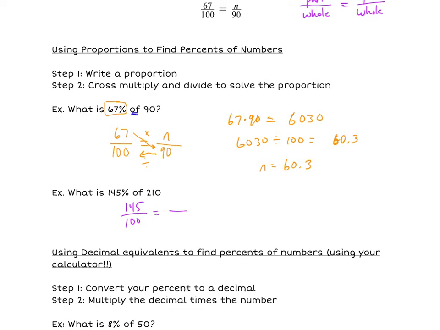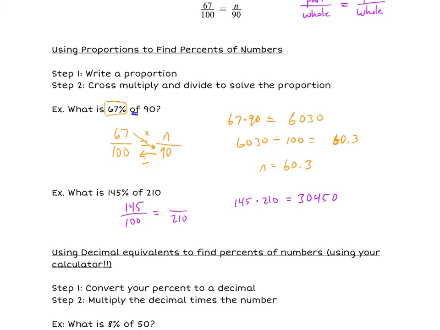210, is it a whole? It's the whole amount, right? Because it's after the word "of." So 210 goes there. Because 145% is bigger than 100%, my answer should be bigger than my 210. So, did you do 145 times 210? What'd you get? 30,450.